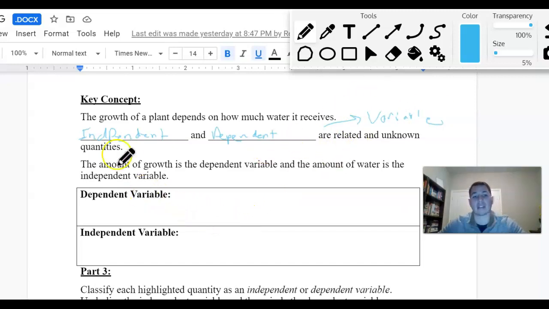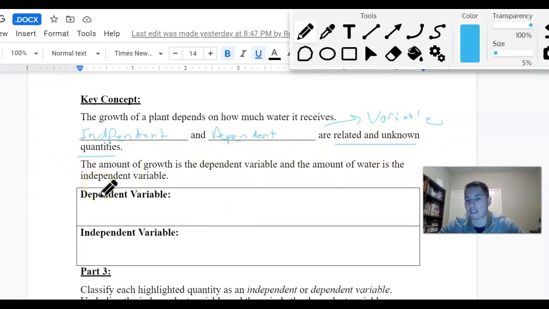So that's your information there. Those are the ones that are related and unknown. When we talk about related and unknown, that's the independent and dependent variables. Okay, so the amount of growth is the dependent variable, and the amount of water is the independent.